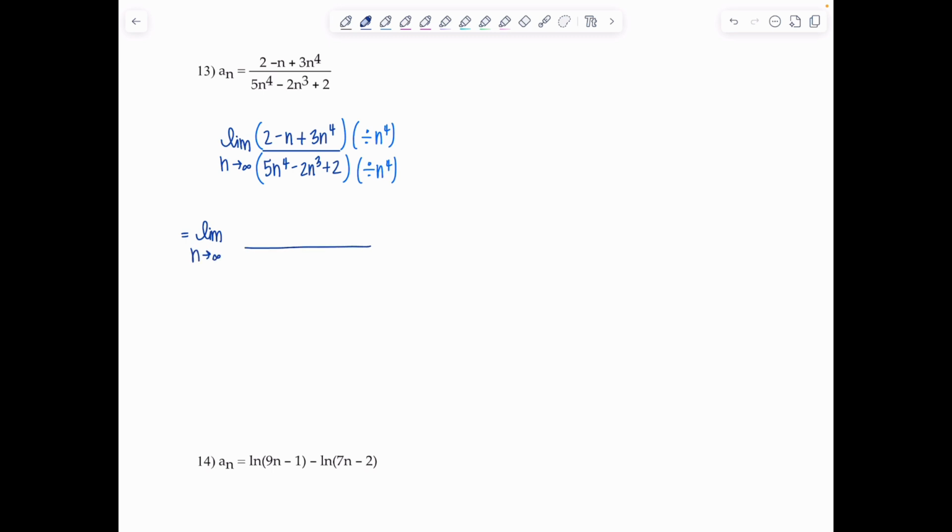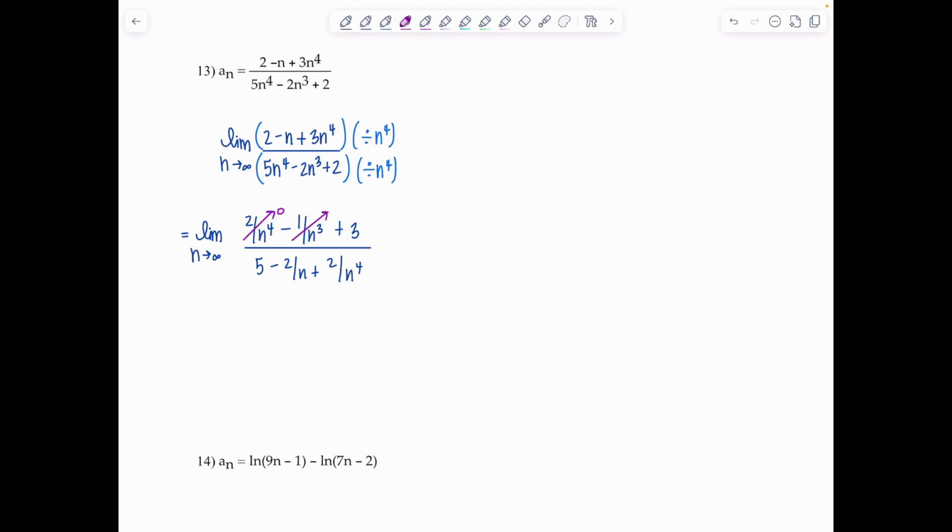So the limit as n goes to infinity, we're going to have now 2 over n to the fourth minus n over n to the fourth, which is 1 over n cubed, and then plus 3, over, let me distribute now in the denominator, 5 minus 2 over n plus 2 over n to the fourth. As n gets very, very large, this term will go to 0.